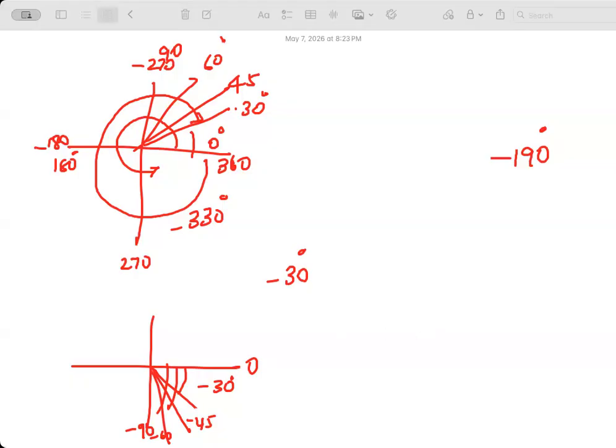So what is that, Arush? Minus 190 means what? Second quadrant. Okay, quadrant number you have given.